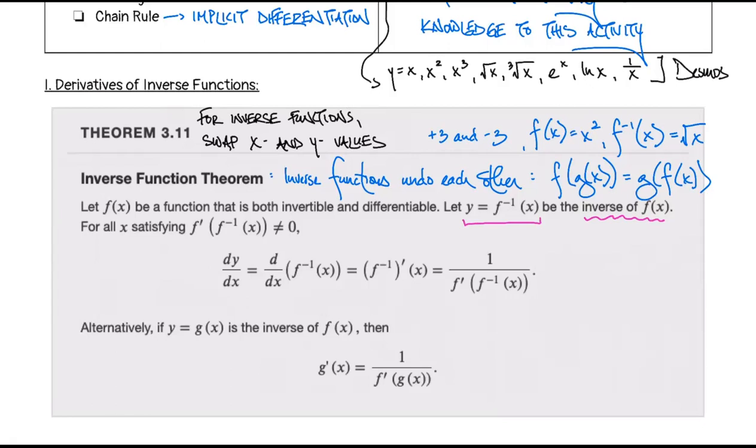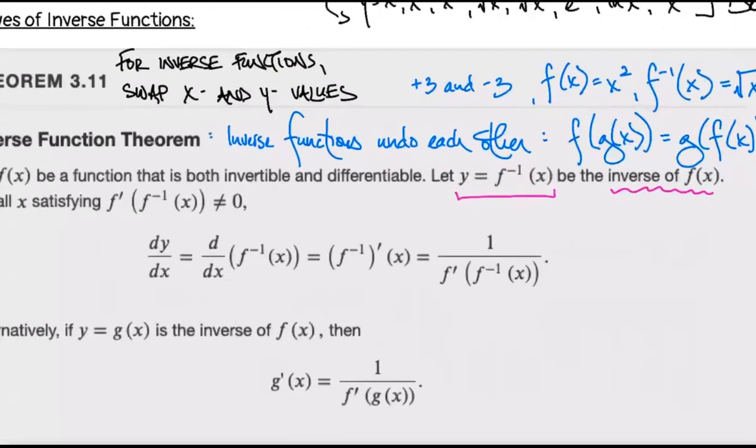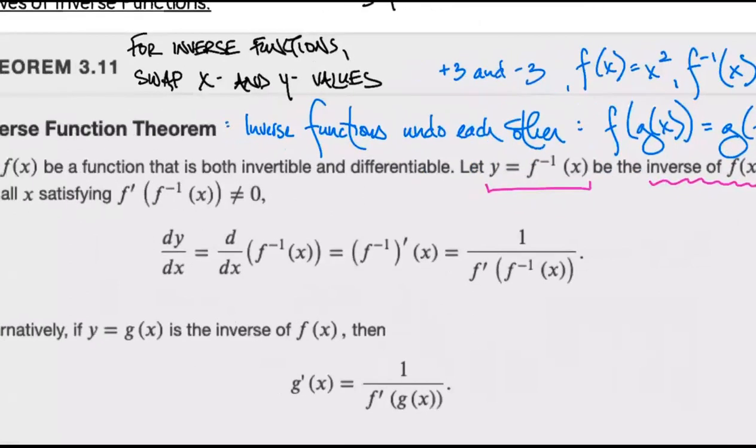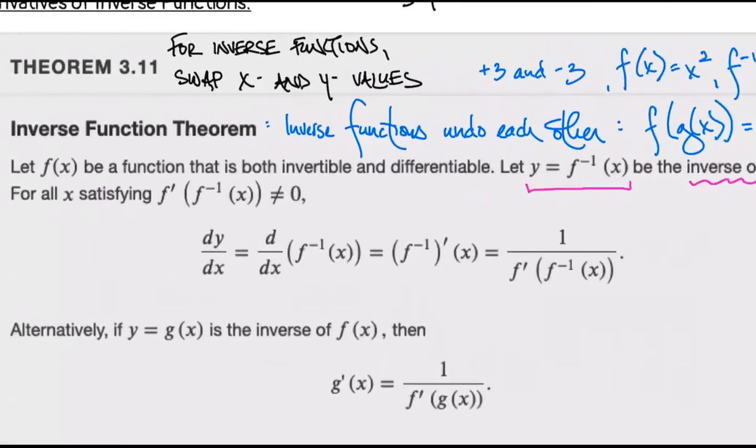Evelina, I see that you have put in some really good notation here that we have the derivative of the inverse. And so maybe we could say that this right here, in all of its mathematical symbols, really means the derivative of the inverse.